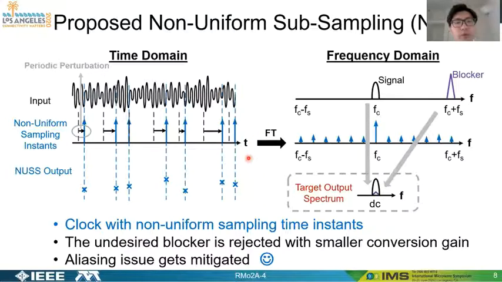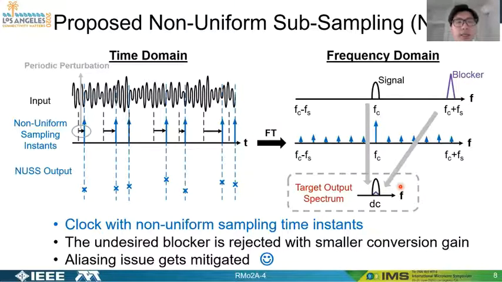The Fourier transform of this non-uniform sampling instance is similar to the earlier mentioned target spectrum. The down-converted undesired blocker gets rejected during the non-uniform subsampling process, and the aliasing issue is solved.